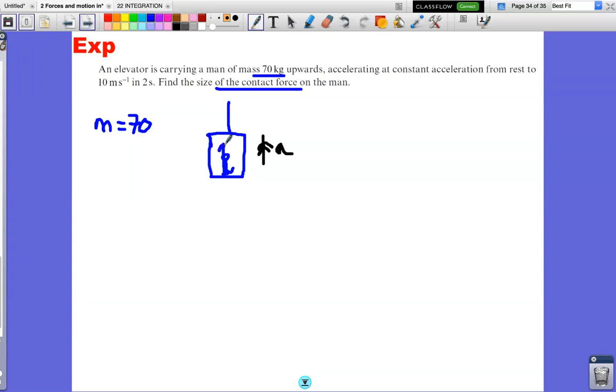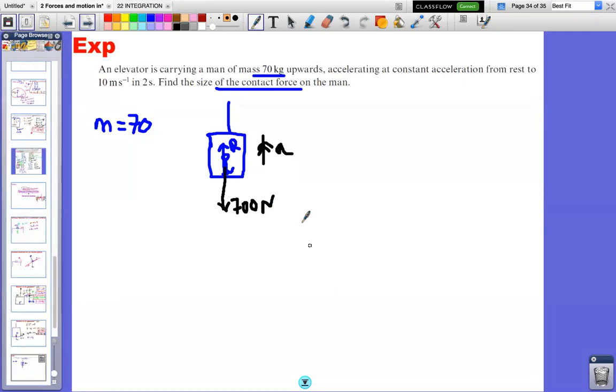We are asked to find R on the man. There is going to be a weight mg or 70g. 70g is 700 newtons. So it's accelerating upward with acceleration A, and we're asked to find R.